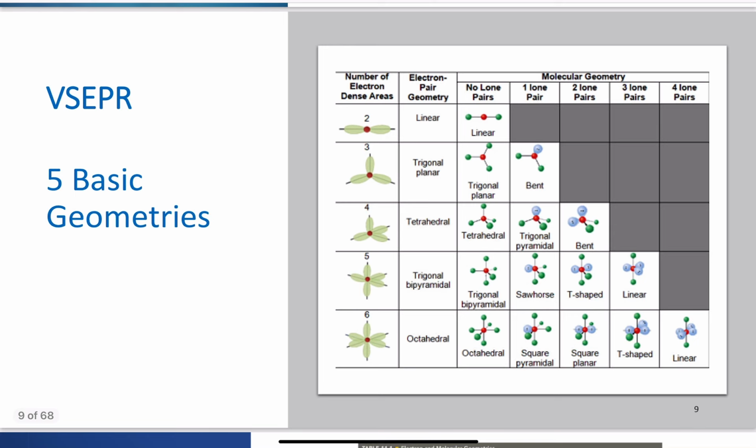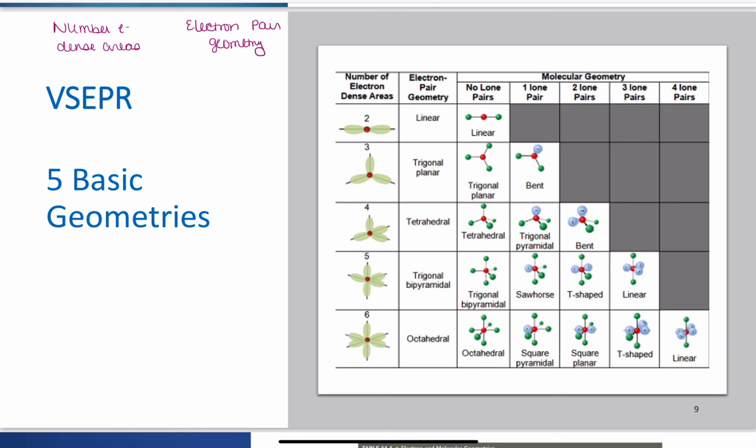So here is where we're going to cover our five basic geometries. What I want you to write down in your notes is number of electron dense areas, and electron pair geometry. And we'll see this on the next few slides too.